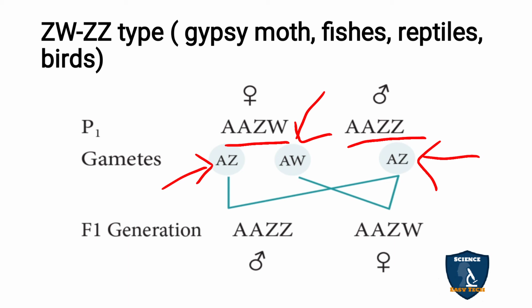In the F1 generation, AAZZ is a male offspring and AAZW is a female offspring. Here the sex is determined by the W; one Z and one W determine the sex of the individual.